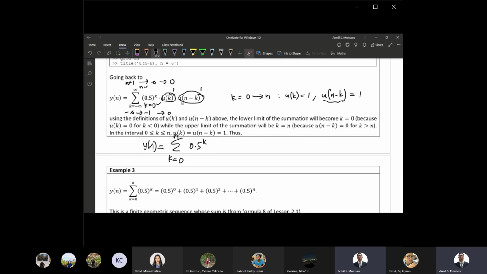Tapos yung dalawang factors na to, since from 0 to n, 1 nga yan pareho. So, times 1 na lang yun. So, ito na yung maiiwan.